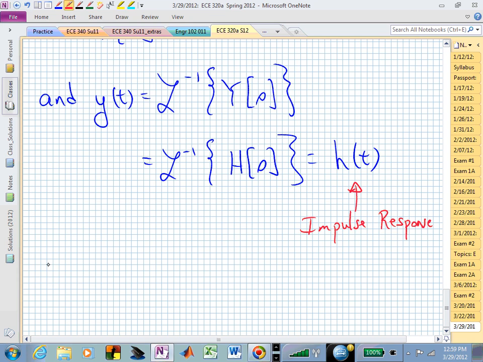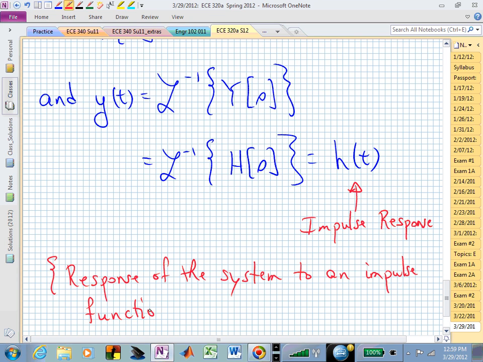And what is that? Well, that's just the response of the system to an impulse function. That's all we mean by the impulse response.